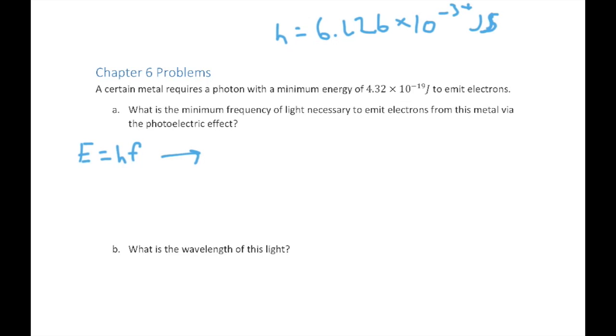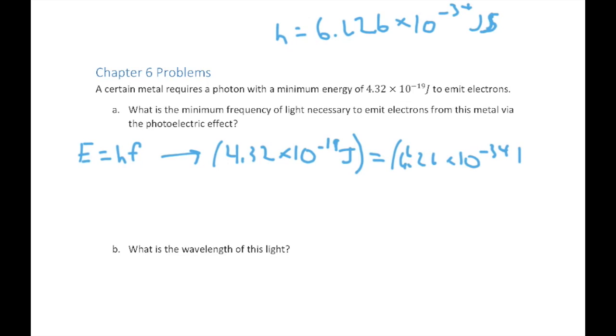So we simply plug in the numbers. 4.32 times 10 to the negative 19th joules equals Planck's constant, 6.626 times 10 to the negative 34th joule seconds times f.